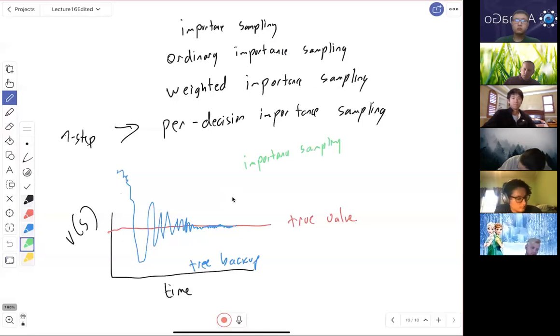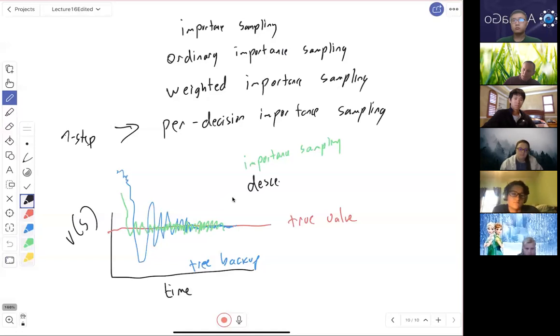We're going to more quickly get into the range of where we want to be, but we're going to have a high variance around it, so we're never going to get really close. I only have one other color, so I can use black.